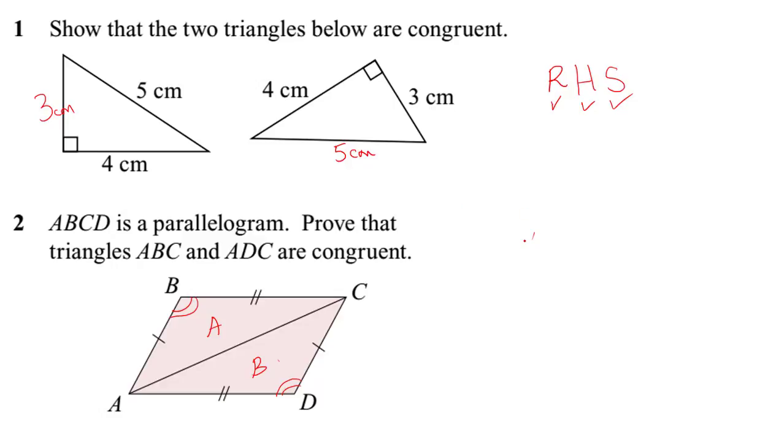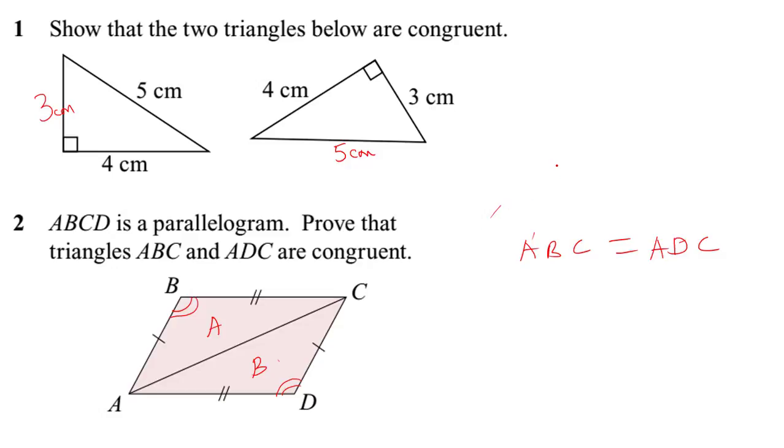So this angle here is the same as angle D, which is angle ADC. So these angles are equal. That's the first thing. So I have the first rule being A. I've got one A that is equal, one angle.